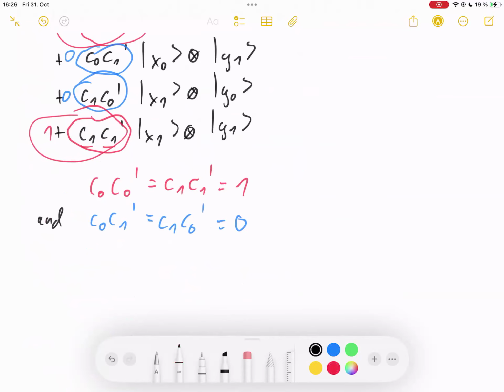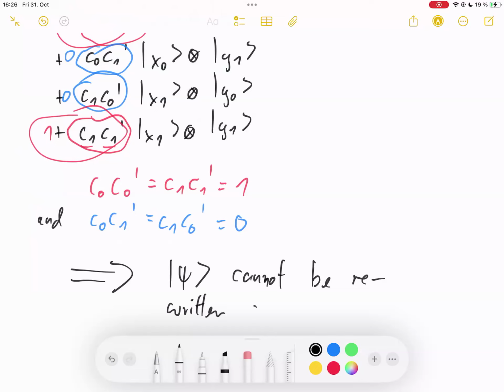So the consequence is my psi cat cannot be rewritten as a tensor product. Looks strange, right?